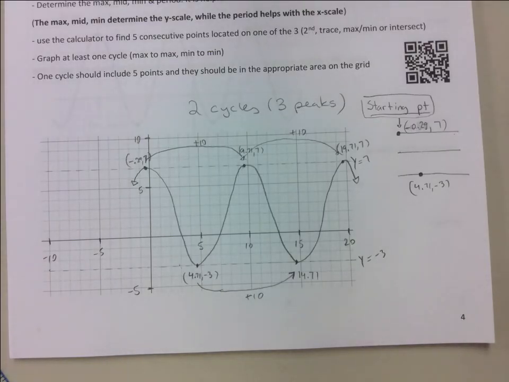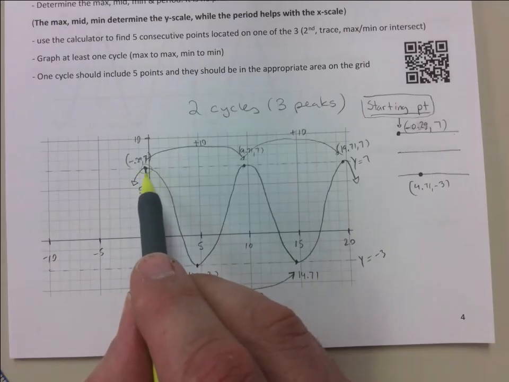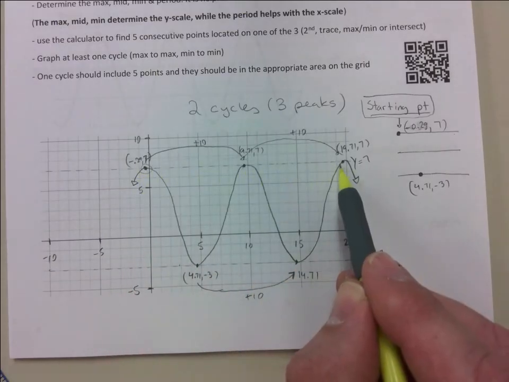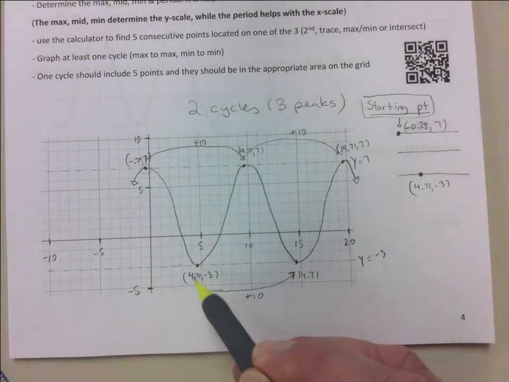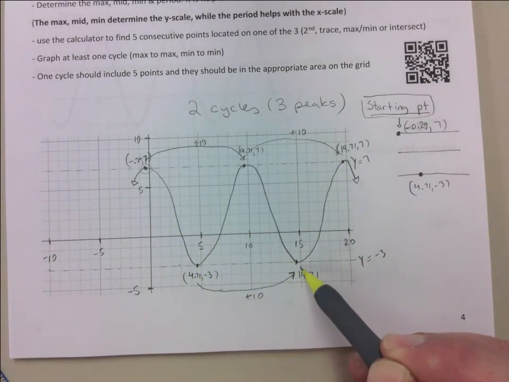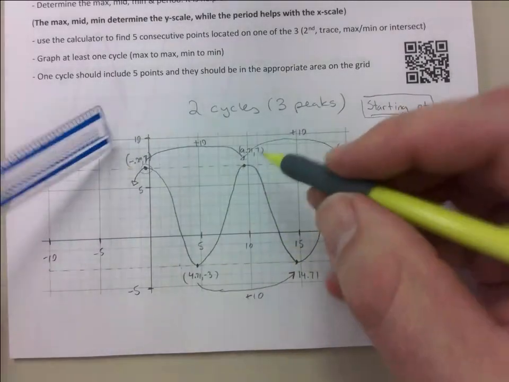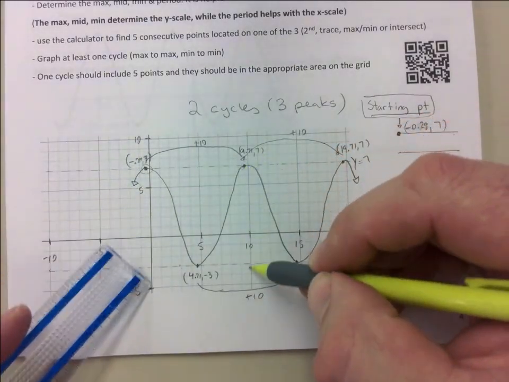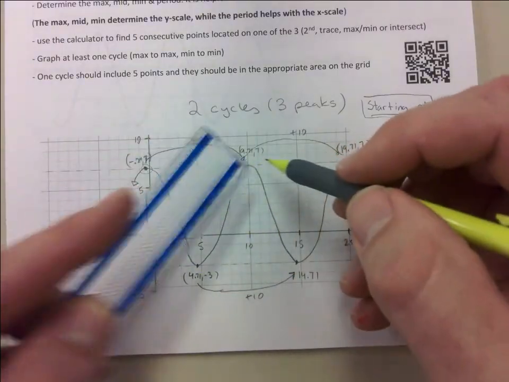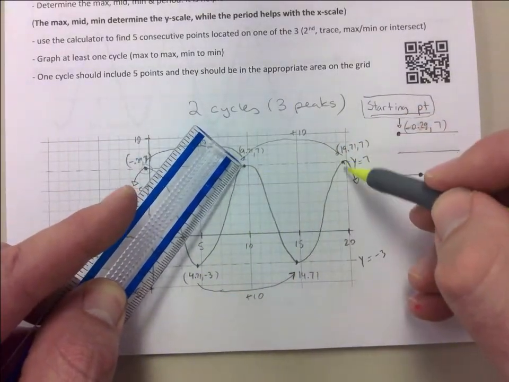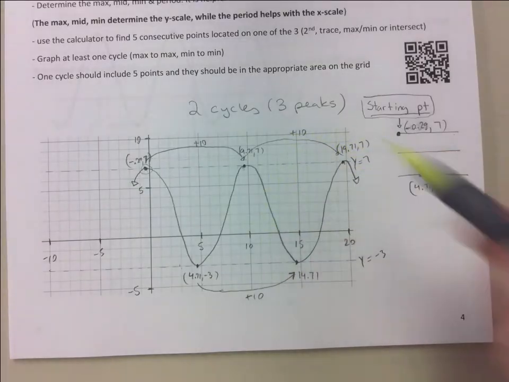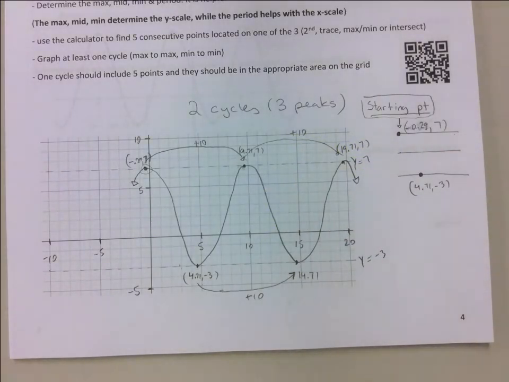I'll say this. The fastest way for me is start at a high somewhere, add the period, boom, you got that. Go find the low point, add the period, that's it. As soon as you have 2 full cycles, if I could cut this here, this would be 1 cycle, right? And from here to here is another cycle. Okay? So that's how you do the graph.